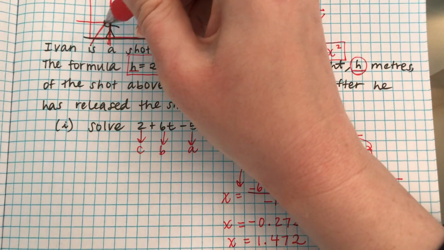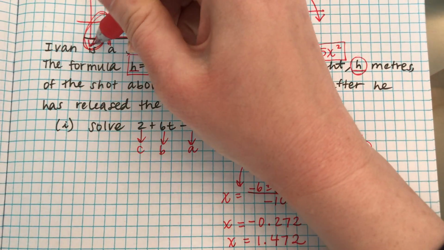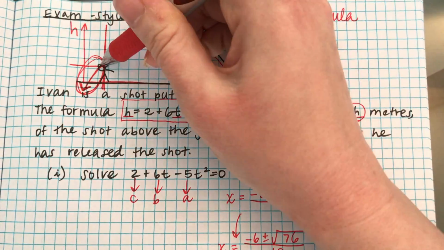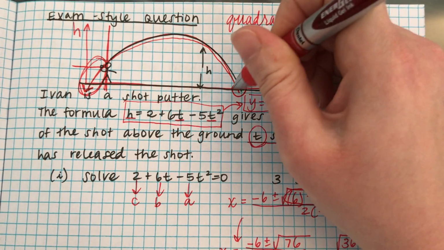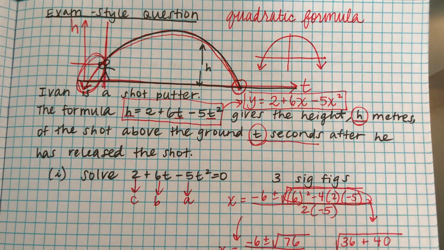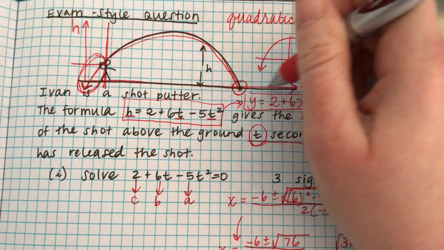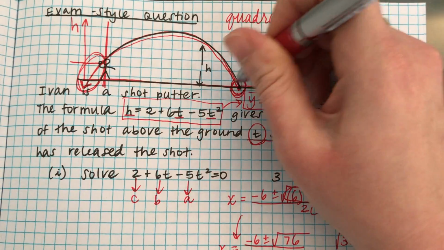If we extend our graph back, this piece of the graph is non-existent in real life, correct? Because he started right here, he threw that shot put, and then we're looking for the location of where that shot put hit the ground. That's what we just solved for. We solved for the time value of when that shot put is on the ground at the height of 0, basically solving for the x-intercept.